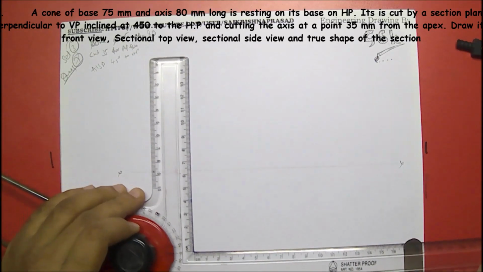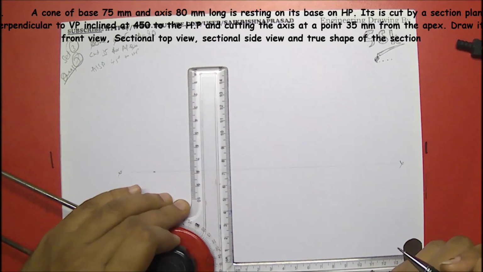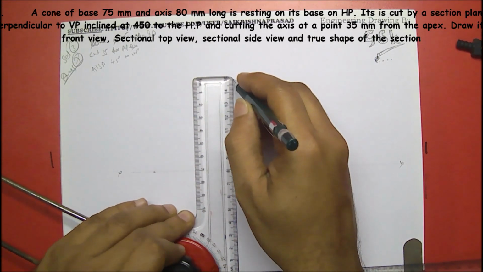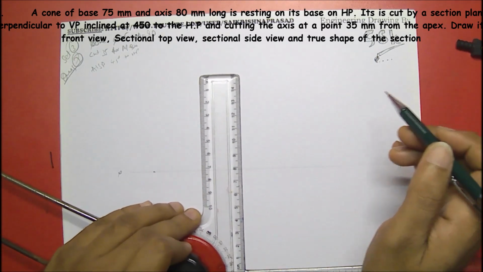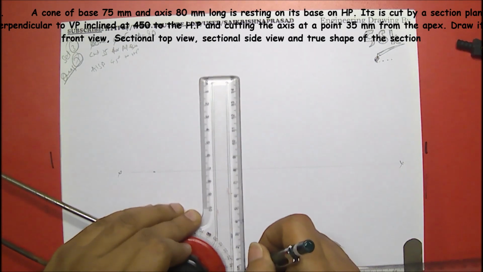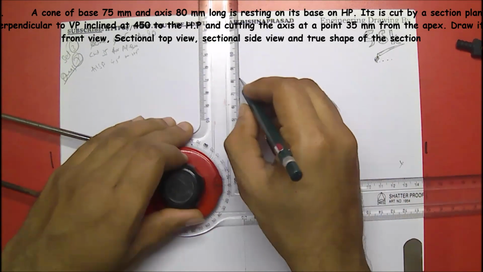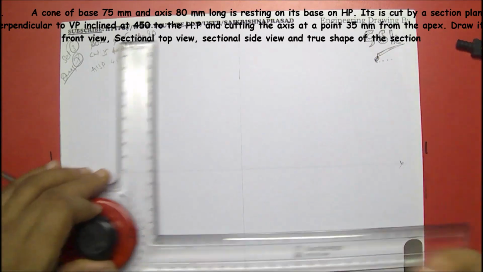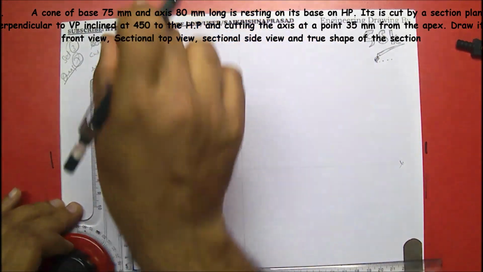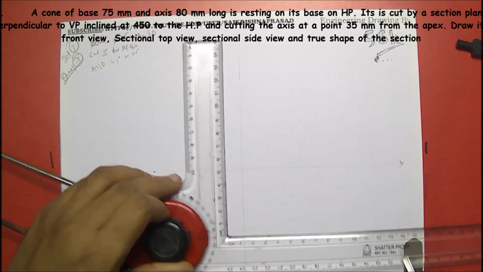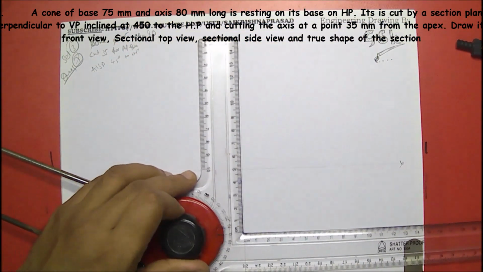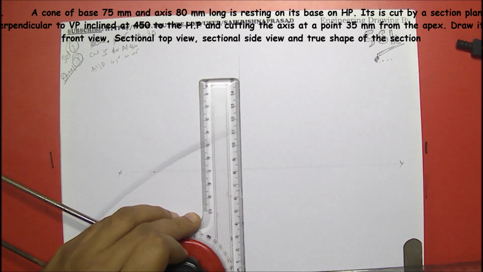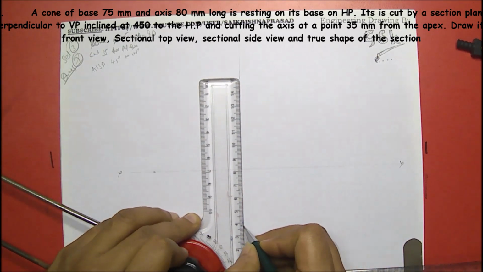I'll be taking the XY over there, and the main axis here, right? And here will be coming the side view, here the top view, front view, true shape, side view. The diameter of the cone is around 75, half, 37.5.